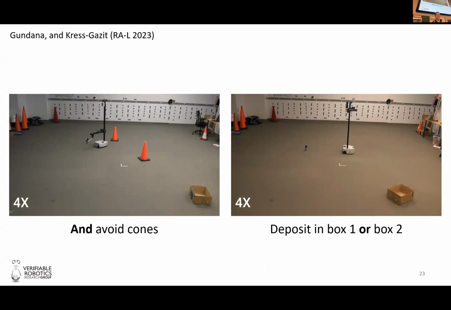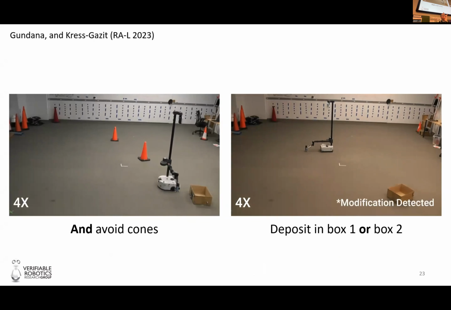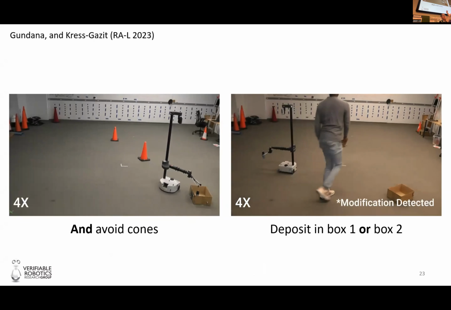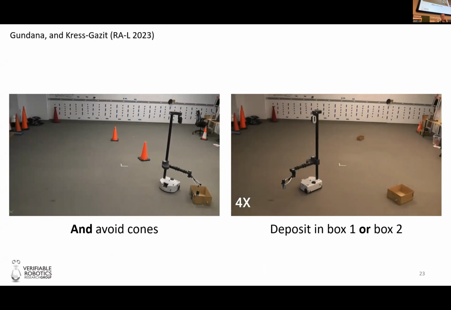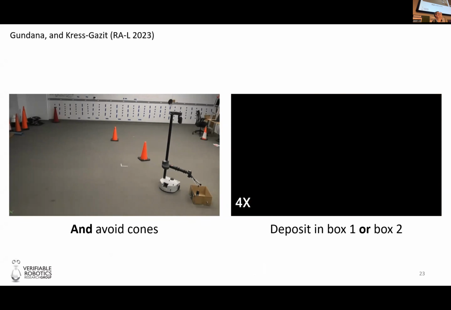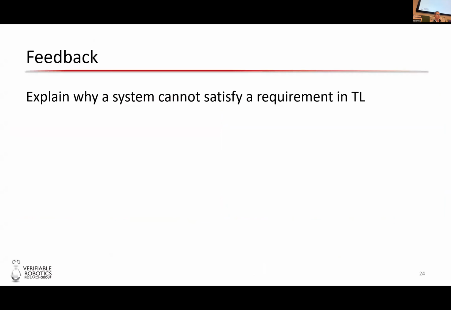On the right side, he's going to introduce another box. So literally, he just wrote a few more symbols in a text file, uploaded it, and then changed the task immediately. And now it's reacting also to where that box is. So we can do this conjunction, we can do disjunction, we can change things on the fly, which we can do because we have this formalism that captures what we want to do.